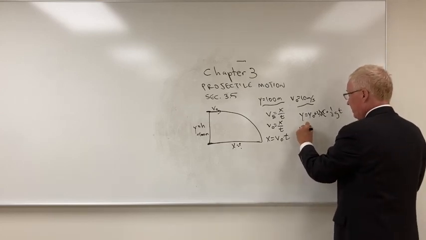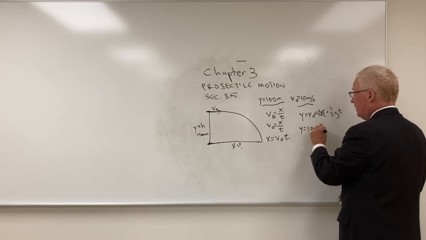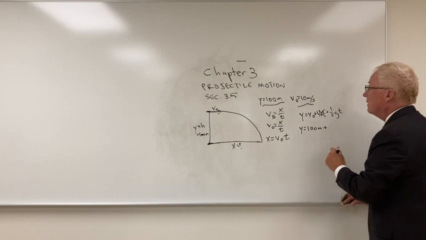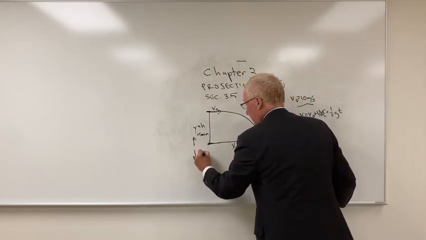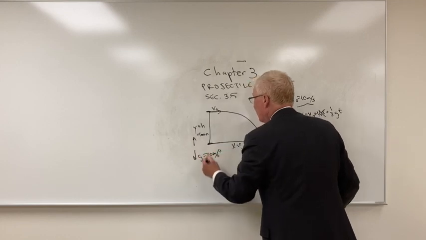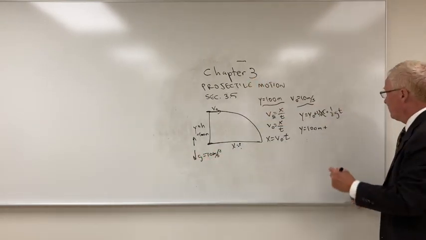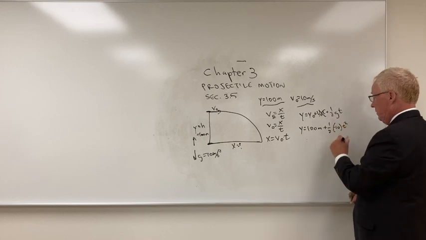Y in this case is 100 meters. And g, since we're using this as positive, g will be minus 10 meters per second squared, just to keep things simple. So this would be plus 1/2 times minus 10 times t squared.